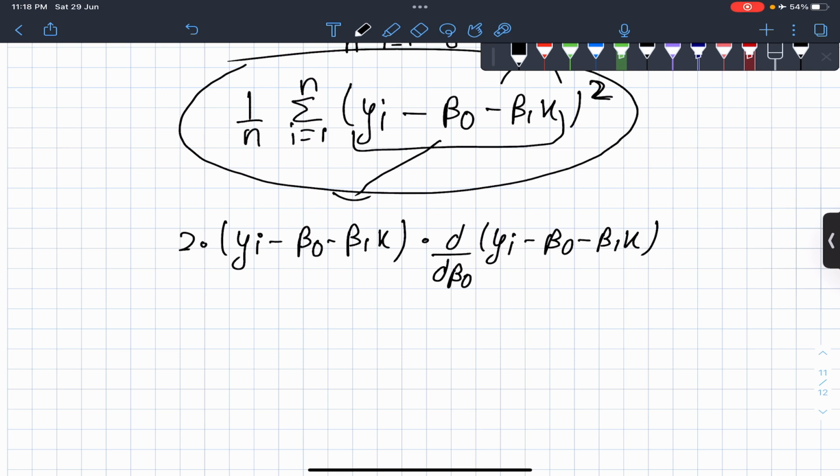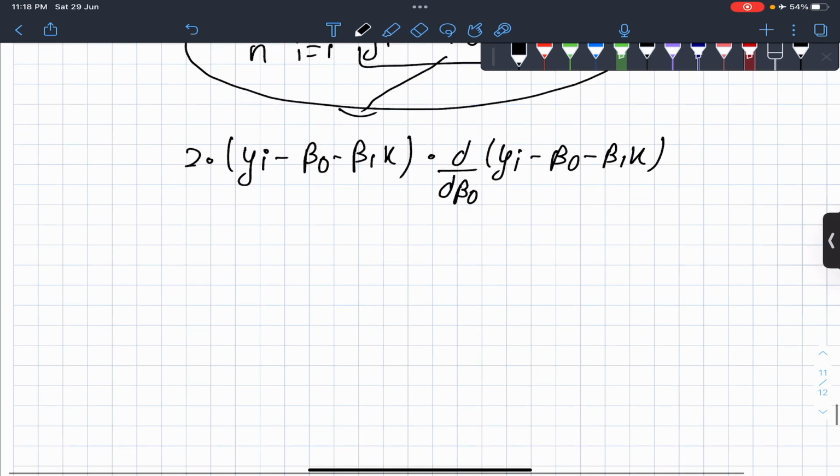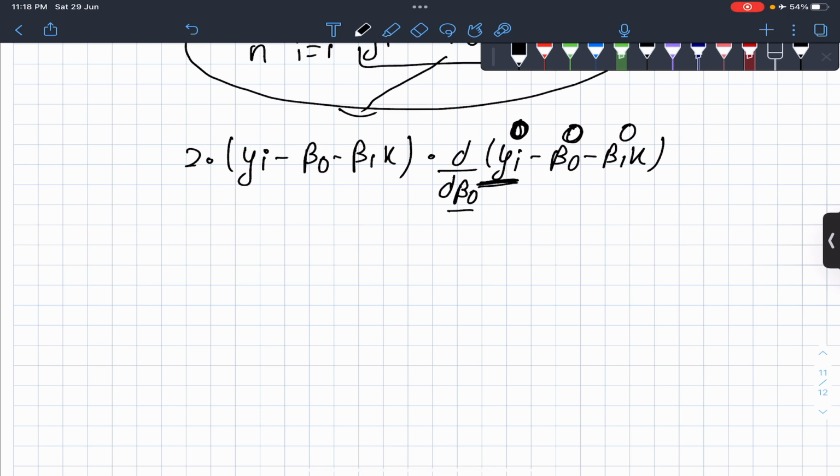What is the derivative of it? Does beta 1 affect y_i? No. What is the derivative of a constant? Zero.